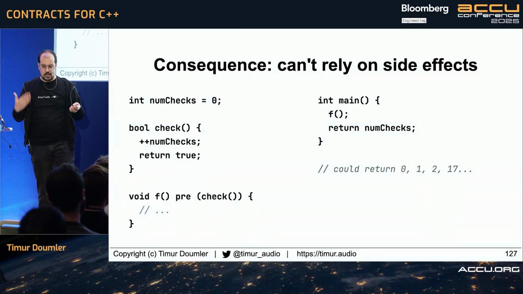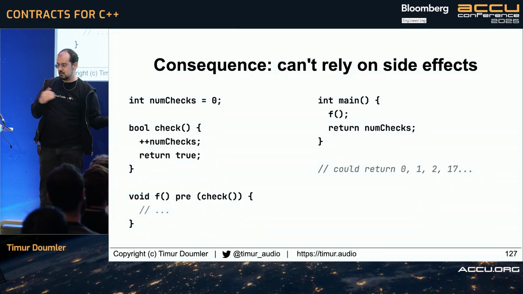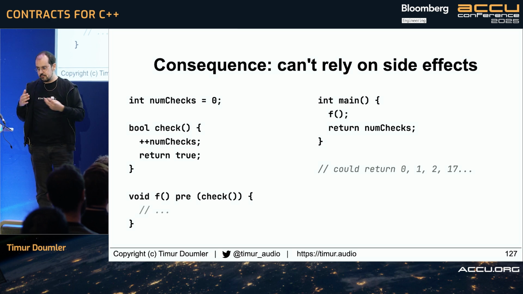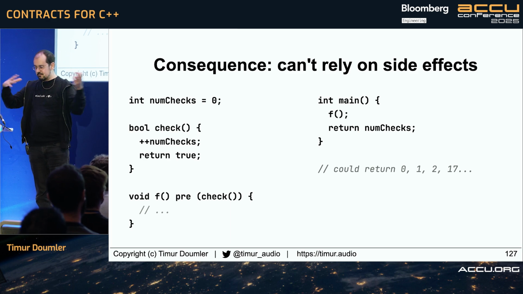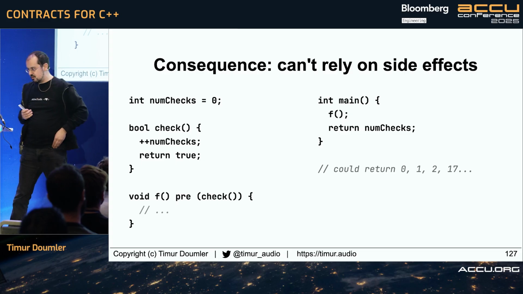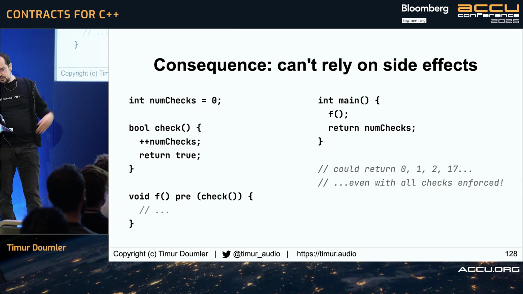The compiler is free to elide the contract checks if it knows what the result is going to be. And it's also free to check them twice, or maybe even more than twice if you have some kind of very weird scenario with multiple translation units somehow. So even with all checks enforced, you can't rely on side effects happening any particular number of times.